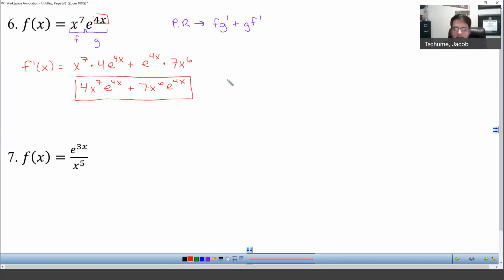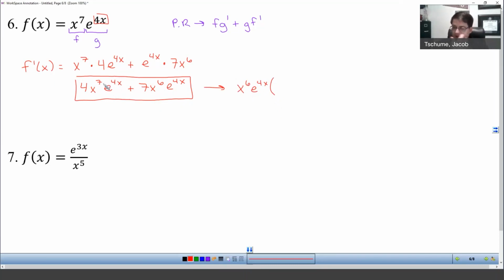Now, something we might have to do a little bit later is factor this. If you'll notice, there are a couple of things in common with both of these terms. They both share an x to the 6th, and they both share the exponential function. So I can factor out x to the 6 times e to the 4x.